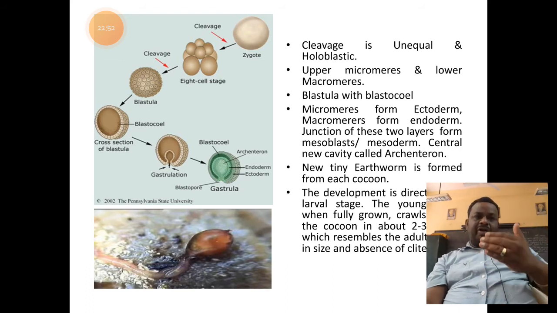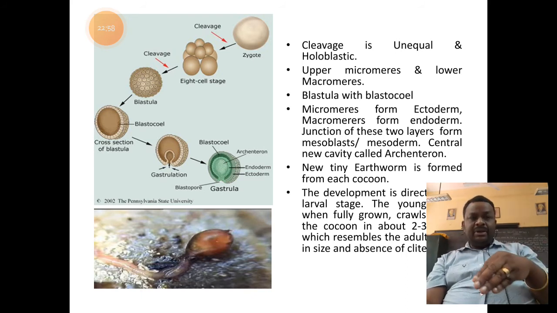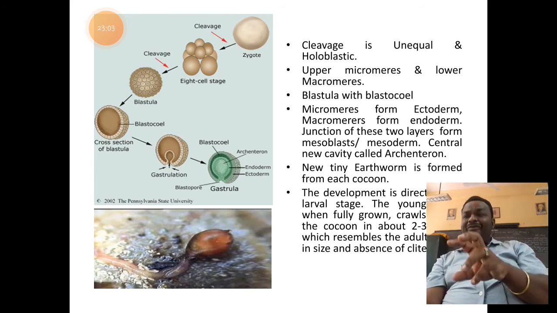Now, when you take a cross section of this stage, you find three germ layers: outer ectoderm, middle mesoderm, inner endoderm. Inner endoderm will enclose a cavity called gastrocele or archenteron cavity, and this stage is called the gastrula stage. So, gastrula stage is demarked by three germ layers along with the archenteron cavity.